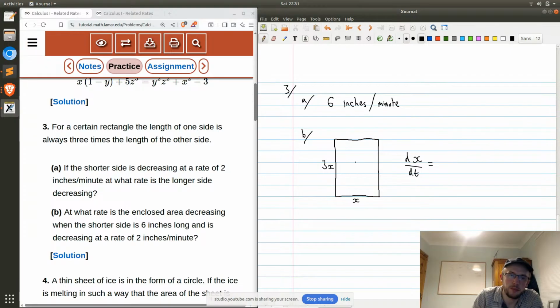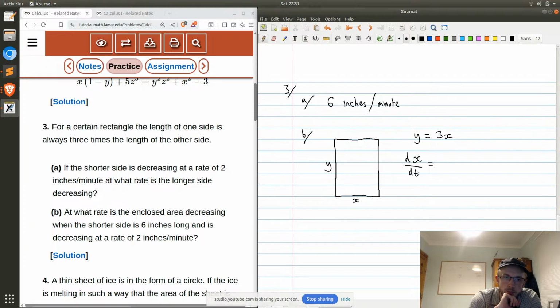No. Maybe I should have another variable here. I actually will do that for once. I'll call it y. And I'll just declare that y is always equal to 3x.